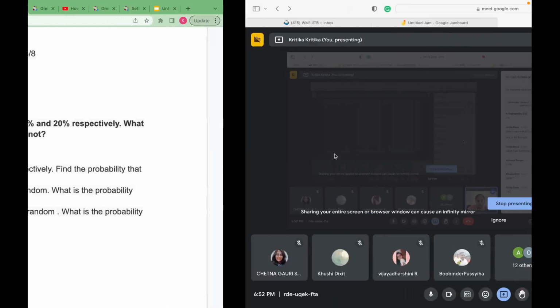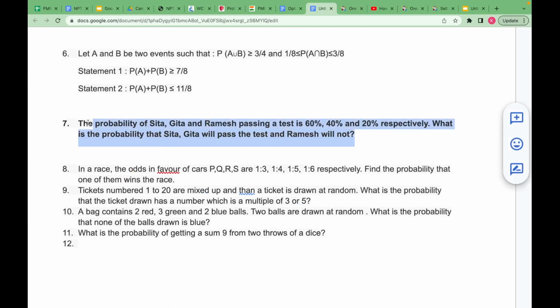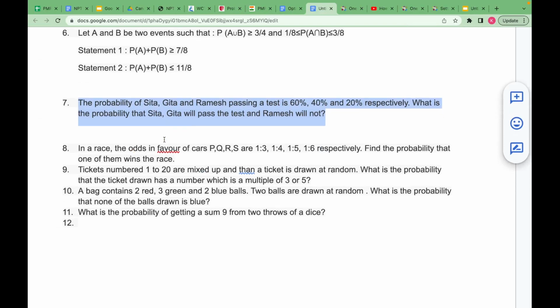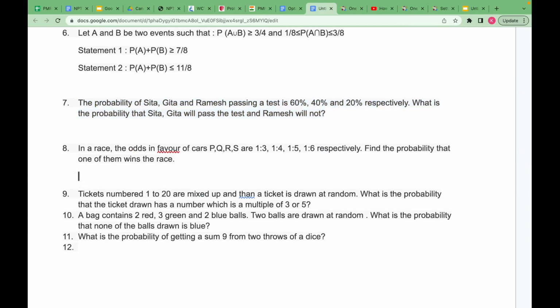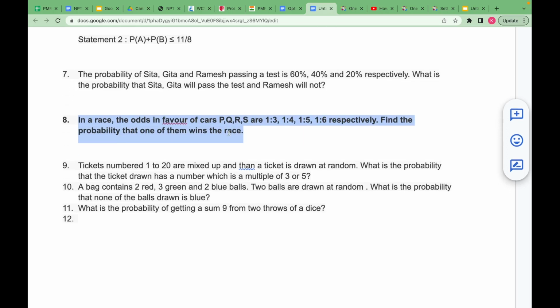Okay, so we will move to the next question. Please try to find the solution for the eighth question, and I will discuss it in a minute.